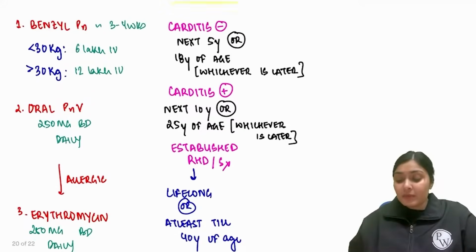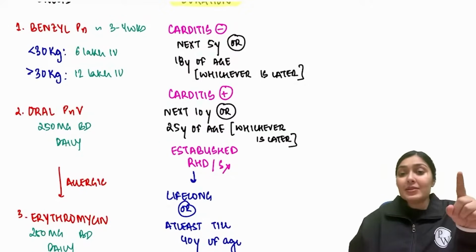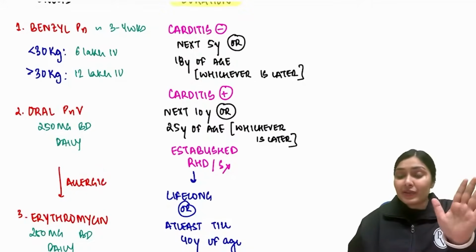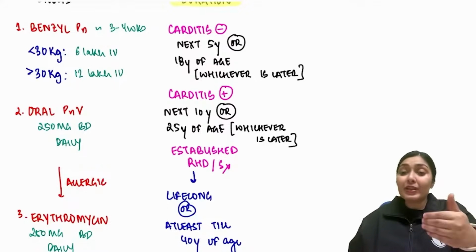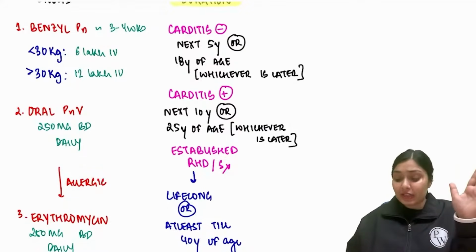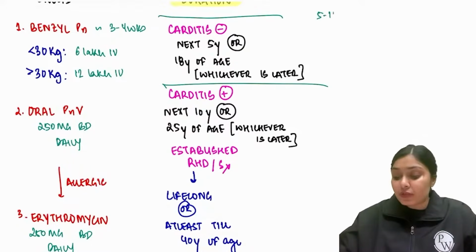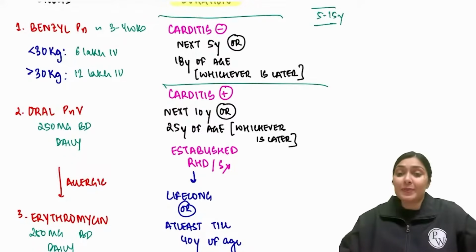Right? Now comes the duration for how long these drugs have to be taken. That depends upon the presence or absence of carditis. If there was no carditis, then you have to take these for the next 5 years or 18 years of age, whichever is later. What do I mean by that? I told you this rheumatic fever we see in 5 to 15 years of age, school going children.